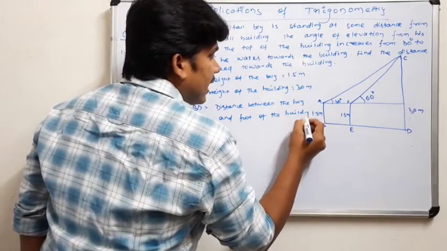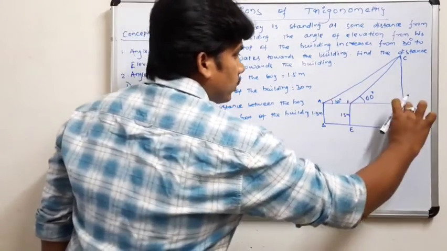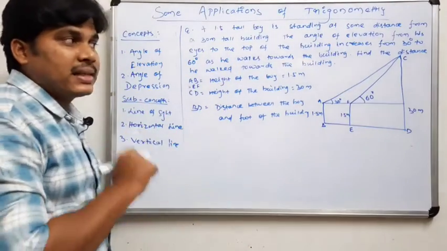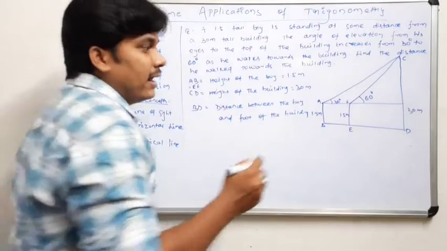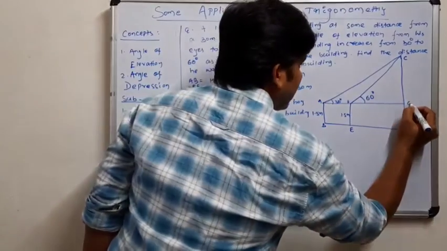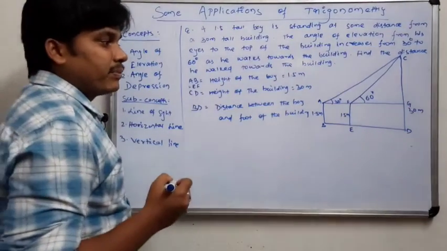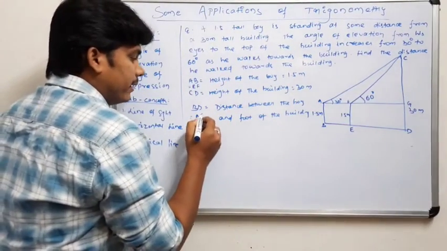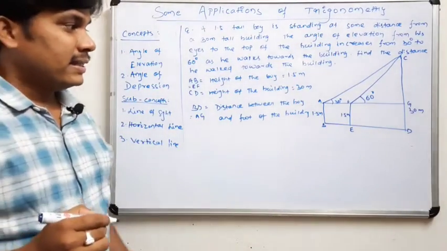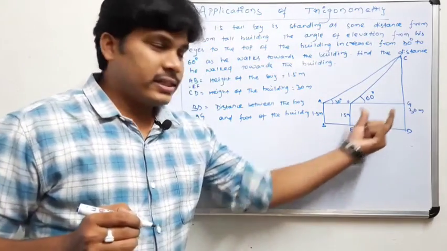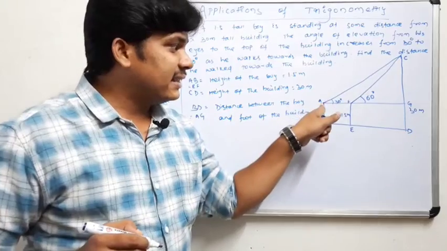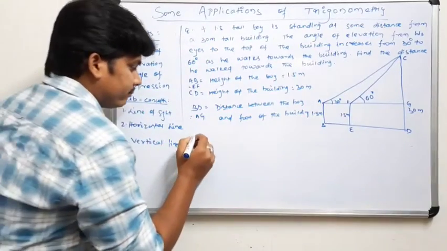Remember students, as these two lengths are the same and these two lengths are the same, it appears like a rectangle, and I will name this G. Here I can write BD equal to AG also. BD equal to AG. Similarly, ED equal to FG.